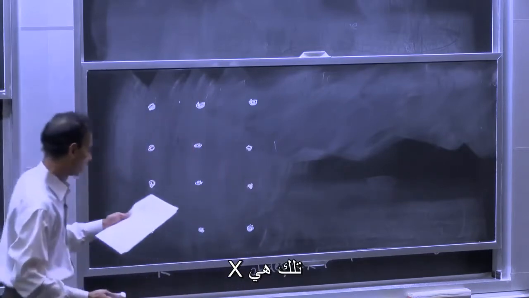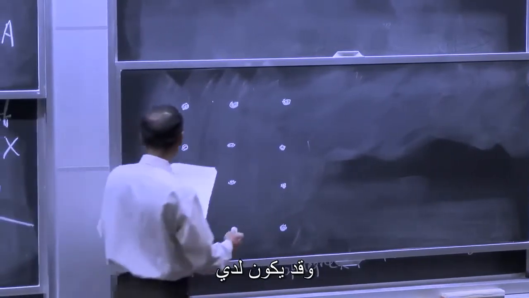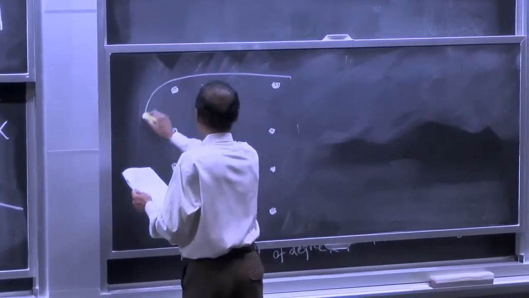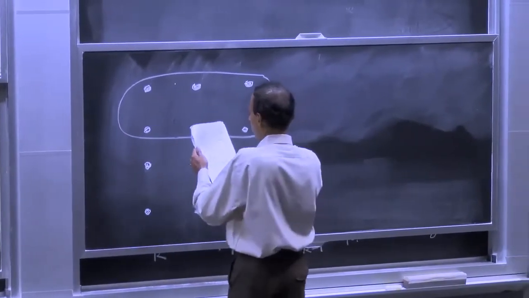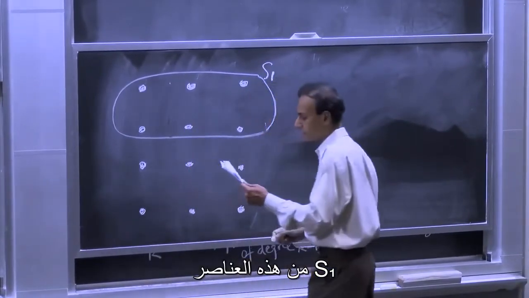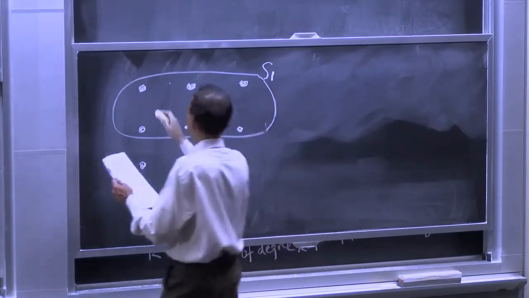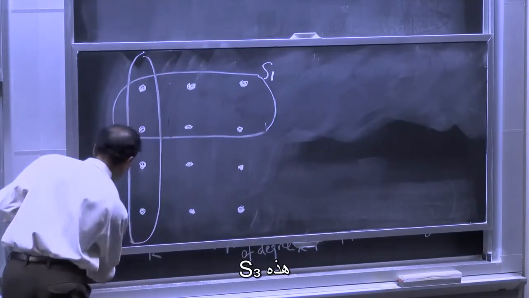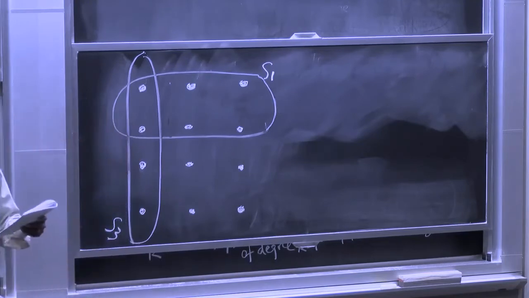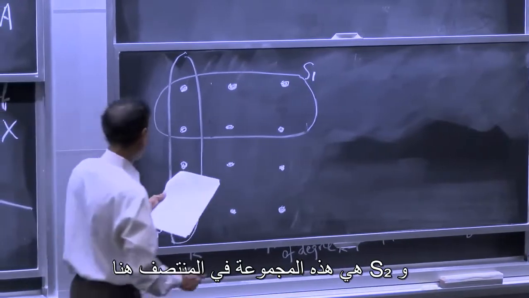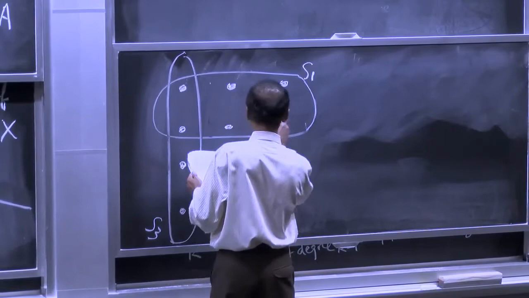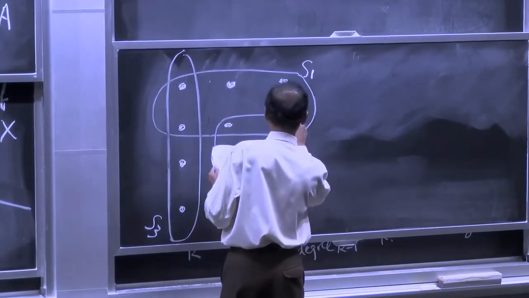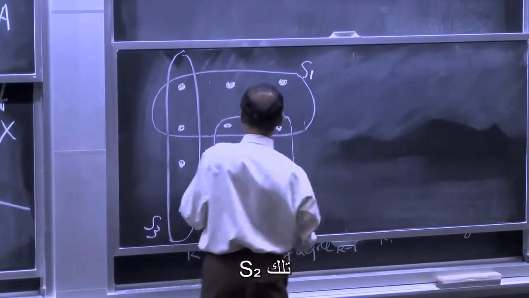So that's my X. And I might have S1 corresponding to that. This is S3, right? And S2 is this thing in the middle. That's S2.